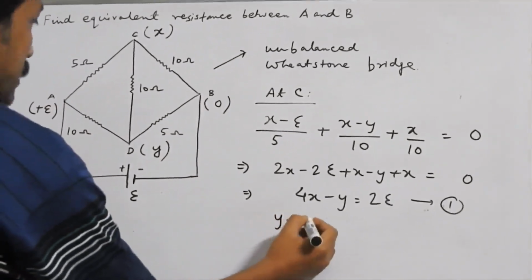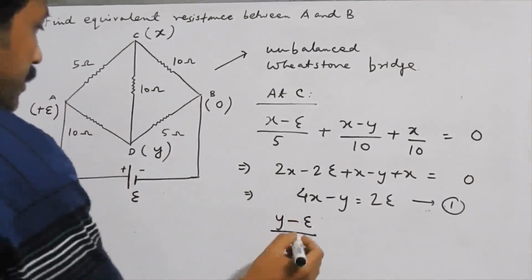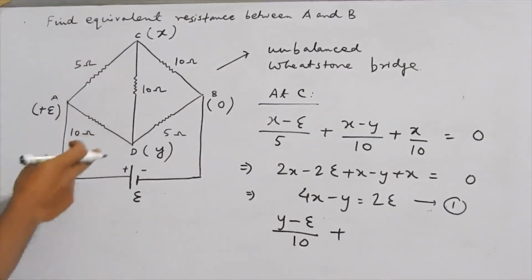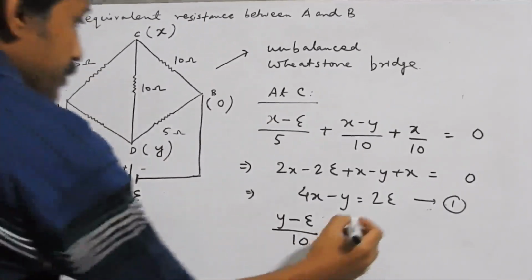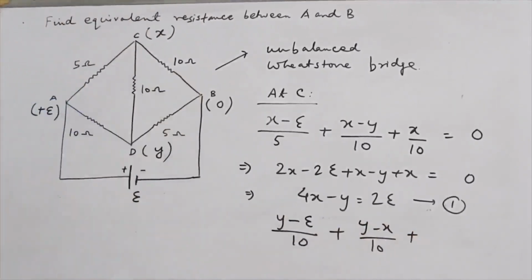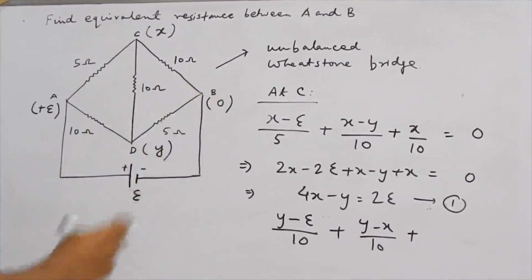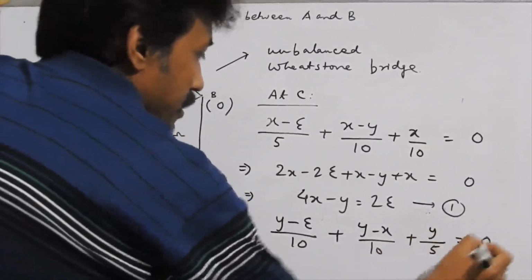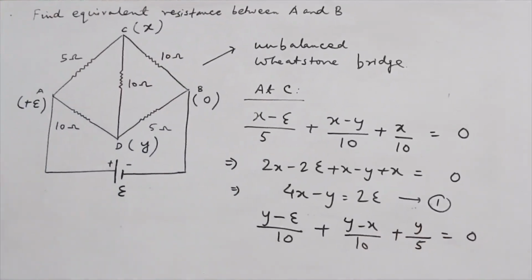So y minus epsilon by 10 plus along DC, that will be y minus x by 10, and along DB it will be y minus 0, that is y divided by 5, and this sum of currents entering or leaving is 0.